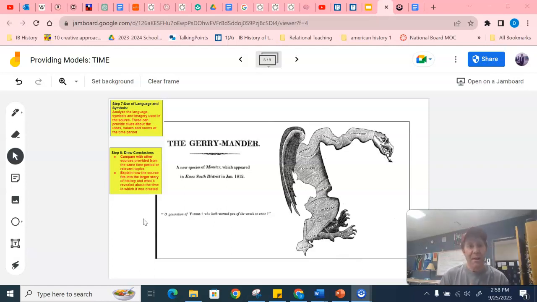So I would say that, in conclusion, based on my analysis, I believe that this source reflects the importance of the time period because it addresses the challenges presented at the emergence of America becoming a democratic state.